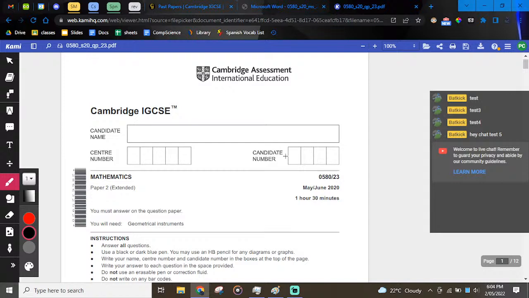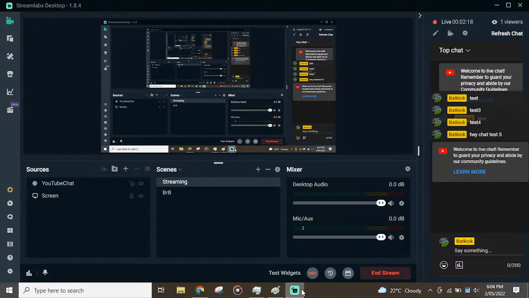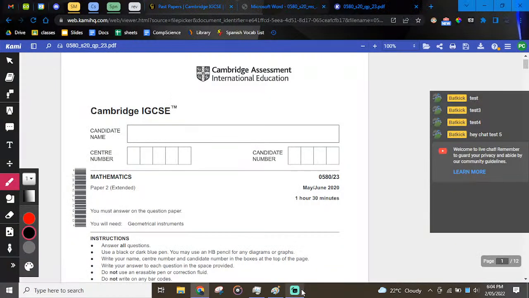Okay, let me check my chat function. Test. Good, it works. Can I overlay my own? What was it again?